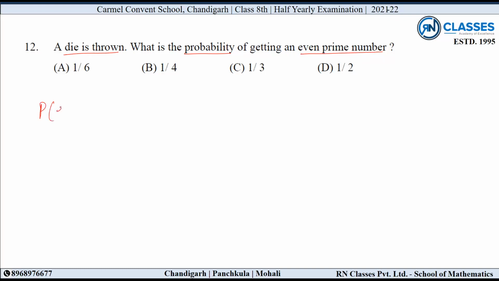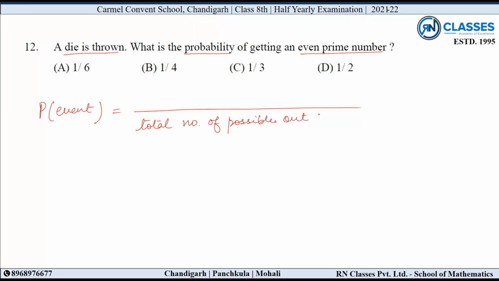Probability of an event is the total number of favorable outcomes over the total number of possible outcomes.